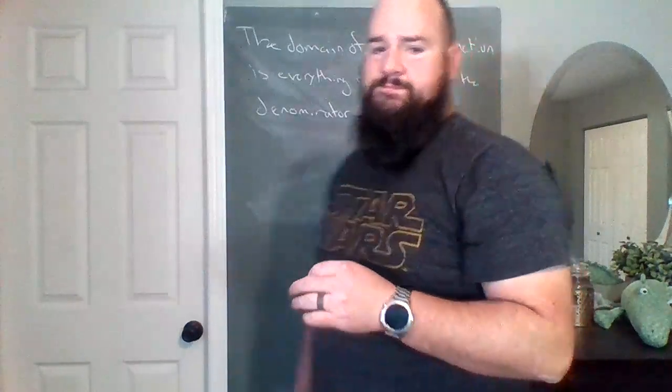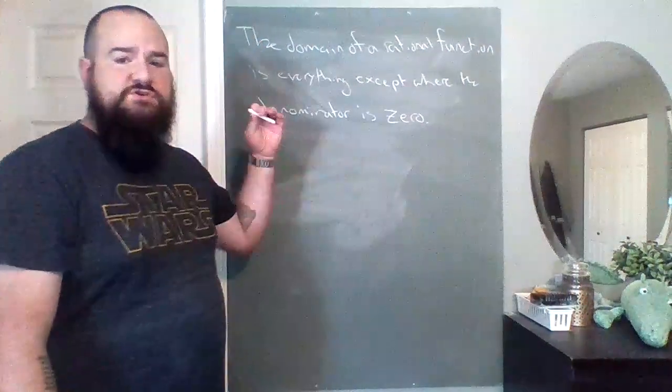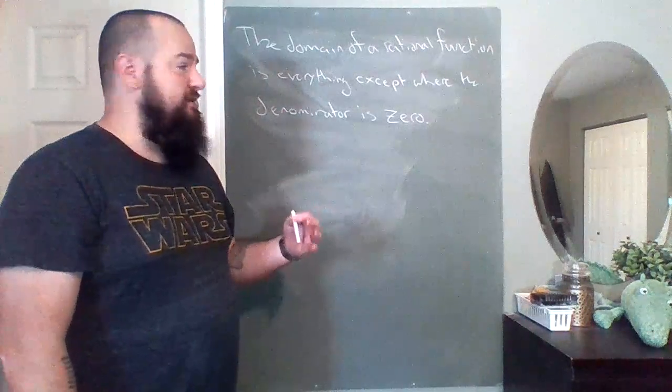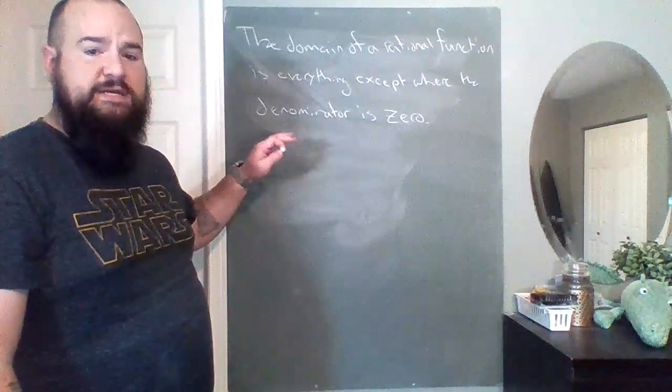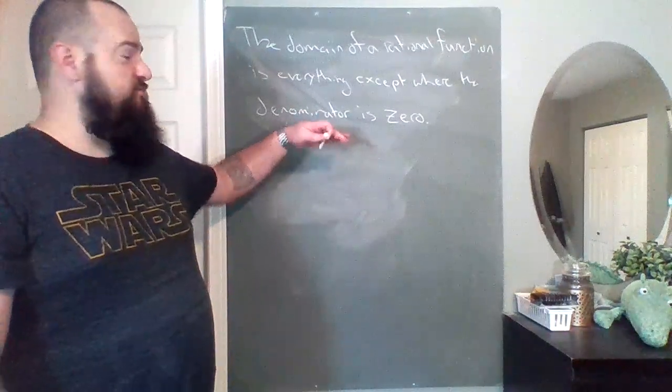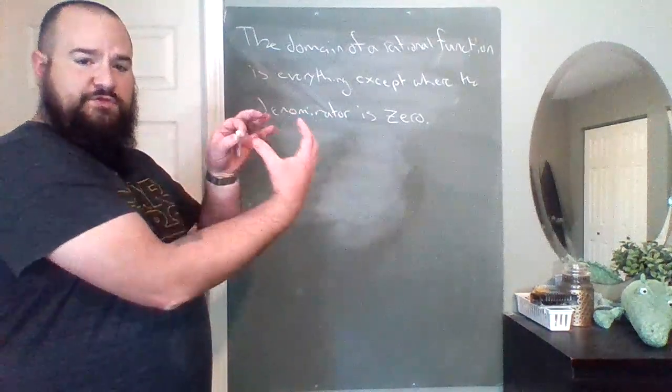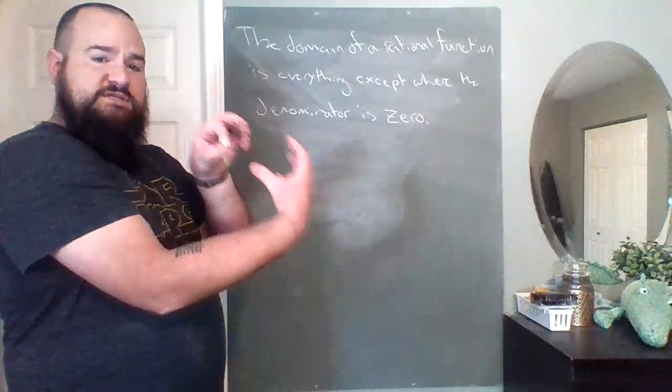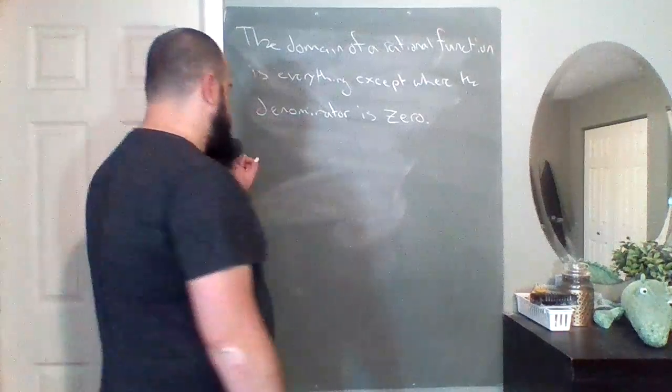Okay? The domain of a rational function is everything except where the denominator is 0. So that's not where the x value in the denominator is 0. That's where the denominator, that whole thing, that whole polynomial itself, equals 0. So let's do an example of this, okay?